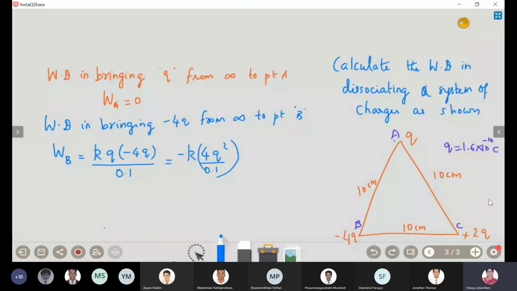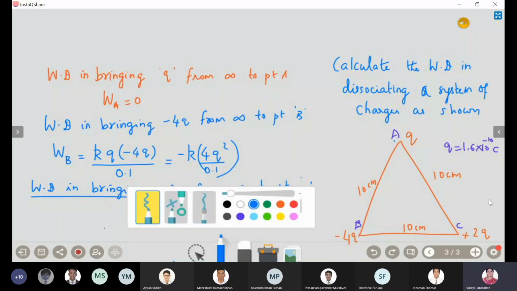Next, I have to do the work done in bringing plus 2Q from infinity to point C. So what is the work done?